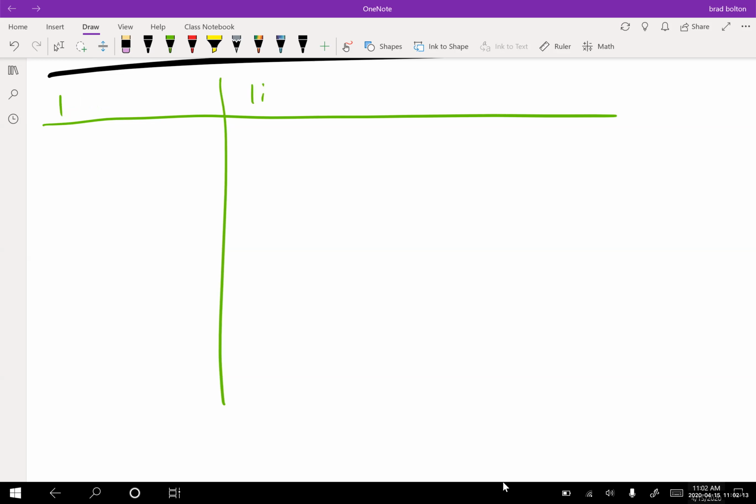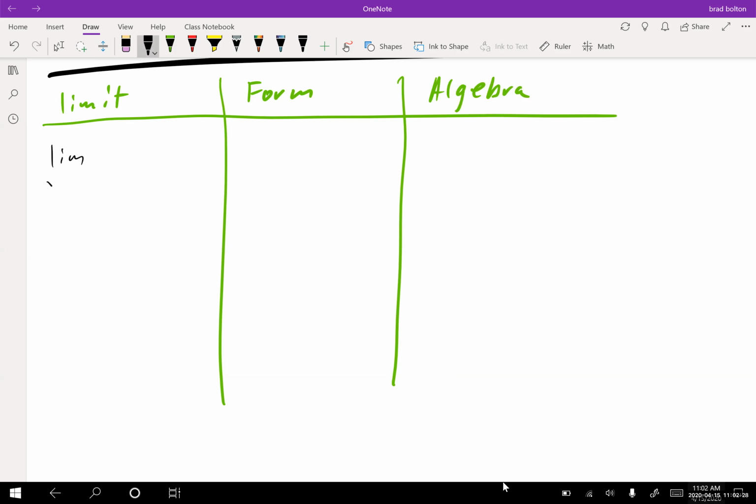Oops, I got it backwards, I'm sorry guys. So let's say we have the limit as x approaches infinity of 10 to the x, 1 over x. Well, 10 to the x is infinity, and 1 over x is 0. So this is infinity to the 0, okay?